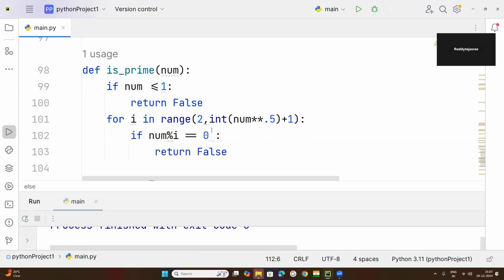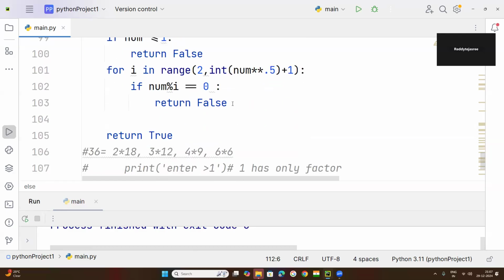Okay, if number is divisible by, that means remainder is equal to 0, using the equality operator. So return false means if any number divides, at that moment the remainder is 0, that is an even number.